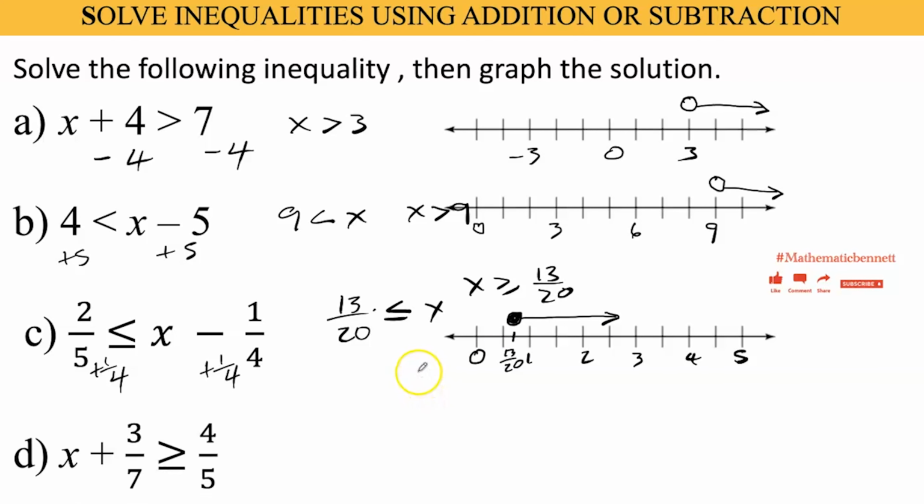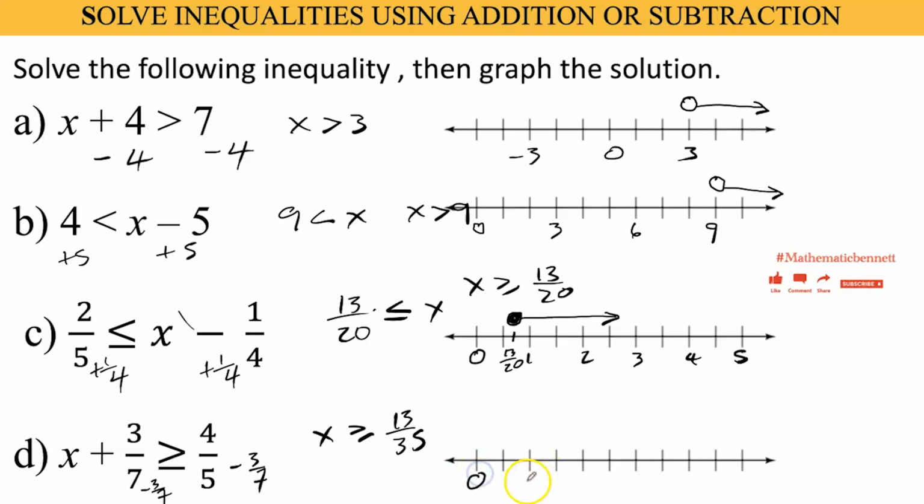Lastly, we have x plus 3/7 is greater than or equal to 4/5. To isolate this variable, I need to subtract 3/7 from both sides. And we see that x will be greater than or equal to 13 over 35. Alright, so we can represent this on our number line. So we have 0 again, 1, 2, 3, 4, 5.